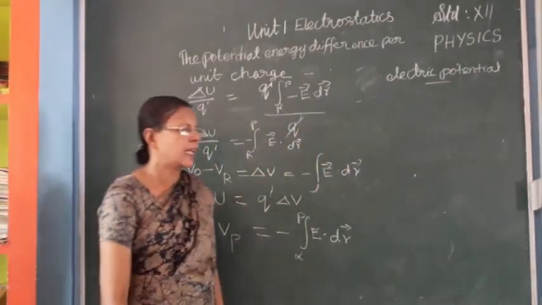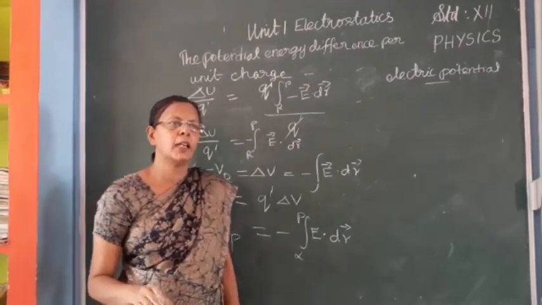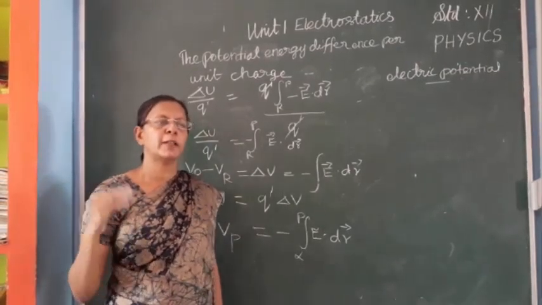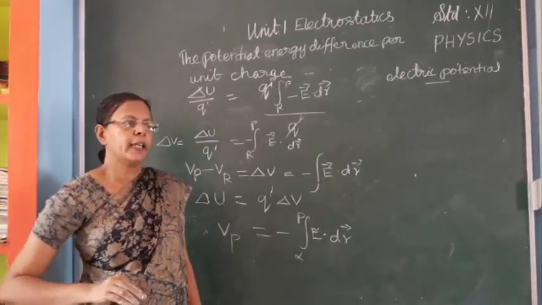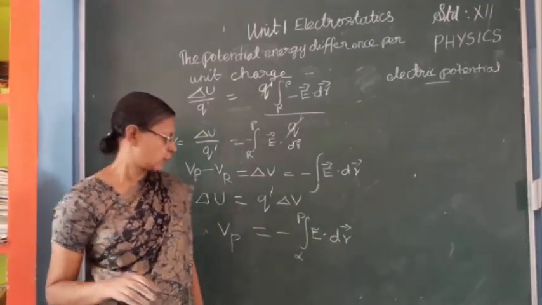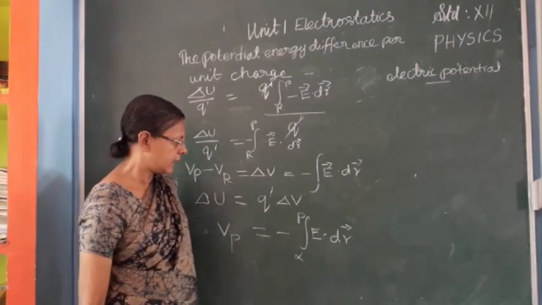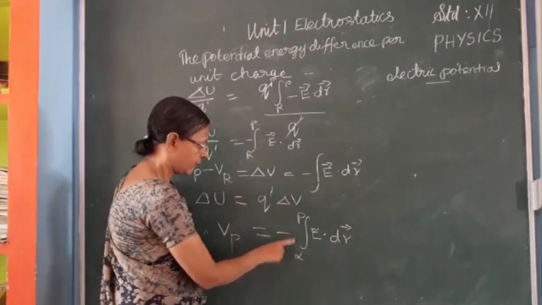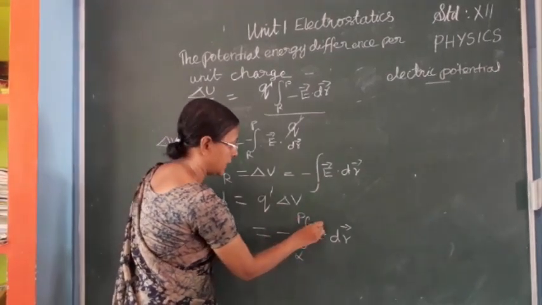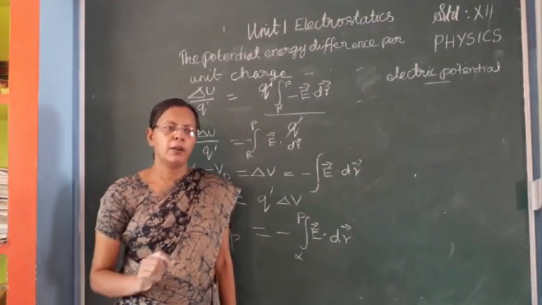The electric potential at a point is defined as the work done by the external force to bring the unit charge from infinity to the point P in the region of the electric field E. So the value is Vp equals minus the integral from infinity to P of E dot dr, where E is a vector quantity.